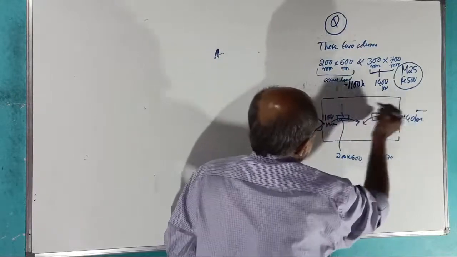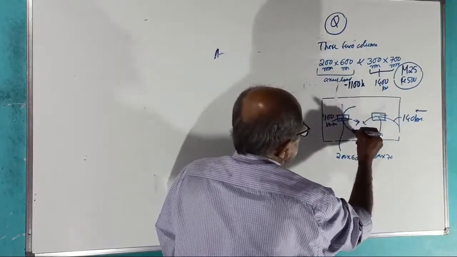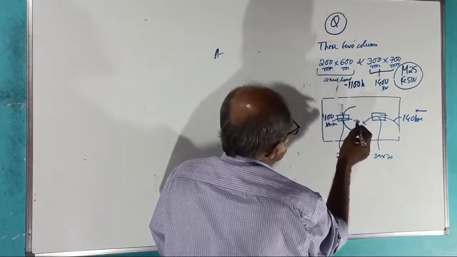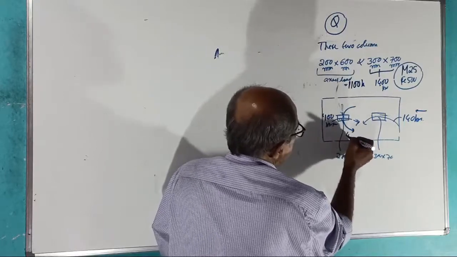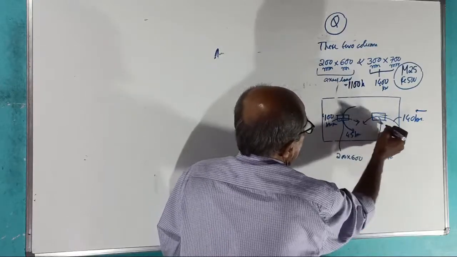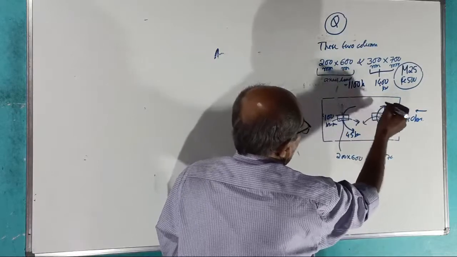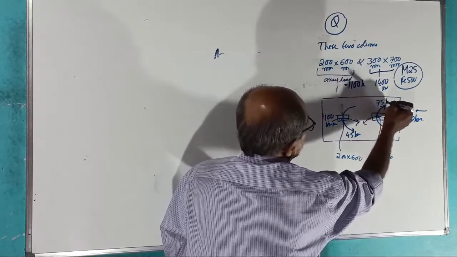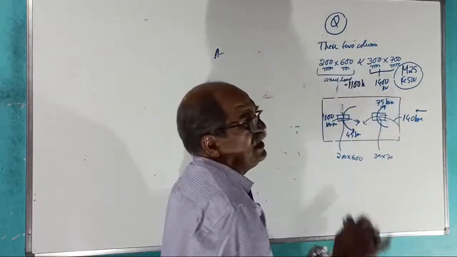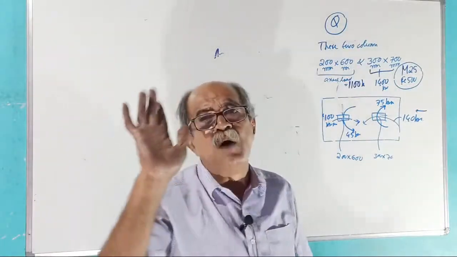Looking from this side, there is an anti-clockwise moment of 45 kilonewton meter here, and here a clockwise moment of 75 kilonewton meter. This is the result for one of the load combinations.